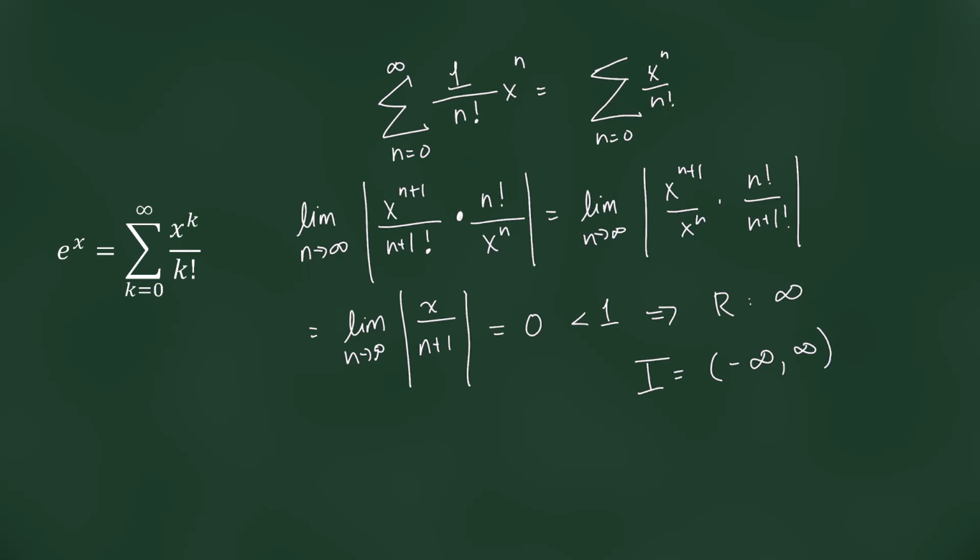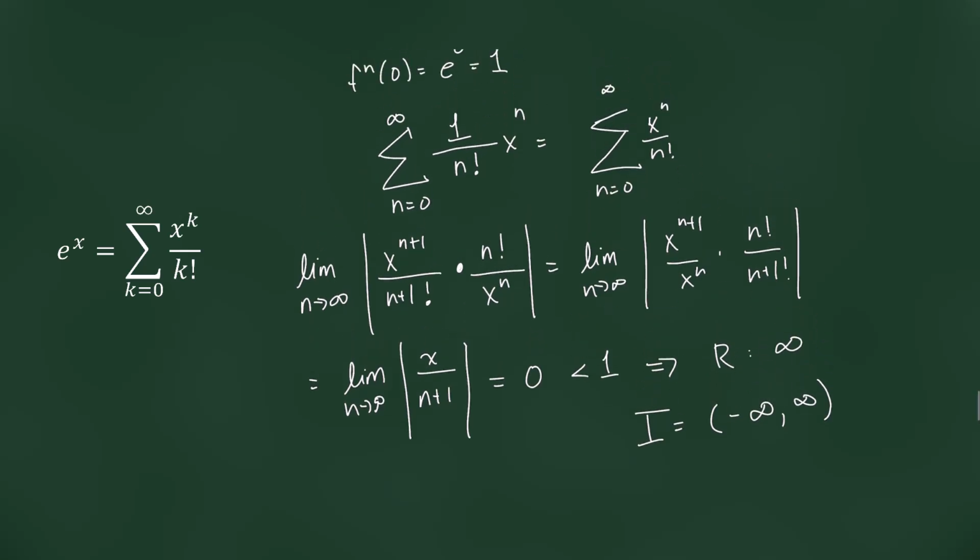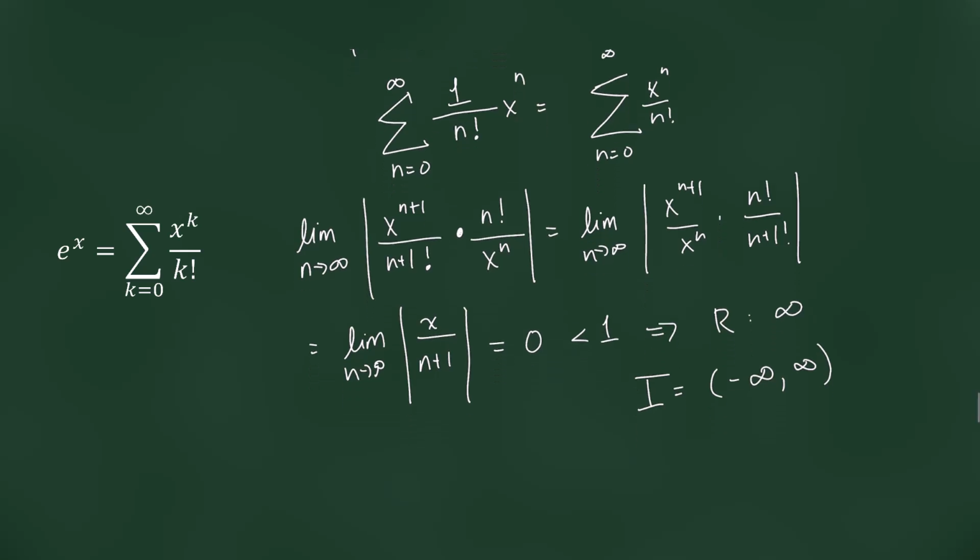So now we see that the series converges to some value for every number in negative infinity to infinity. So our task is to figure out, does it actually converge to e to the x?